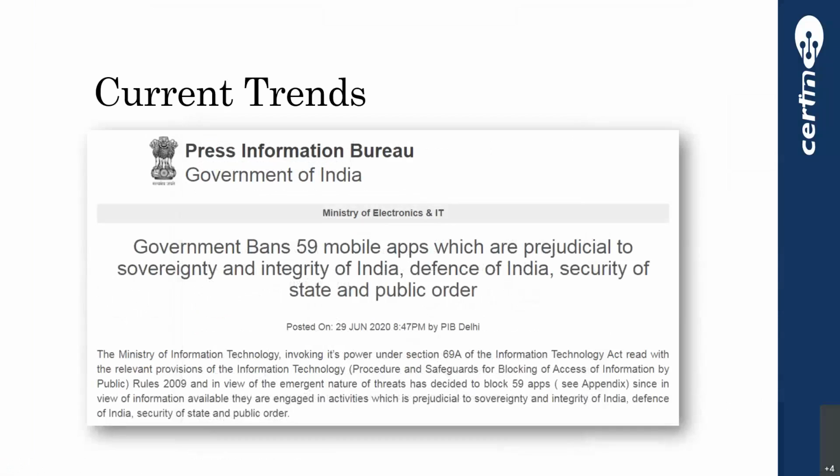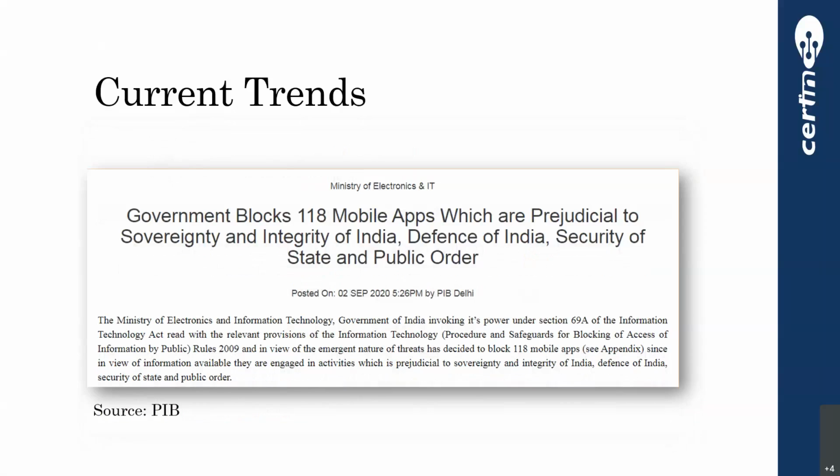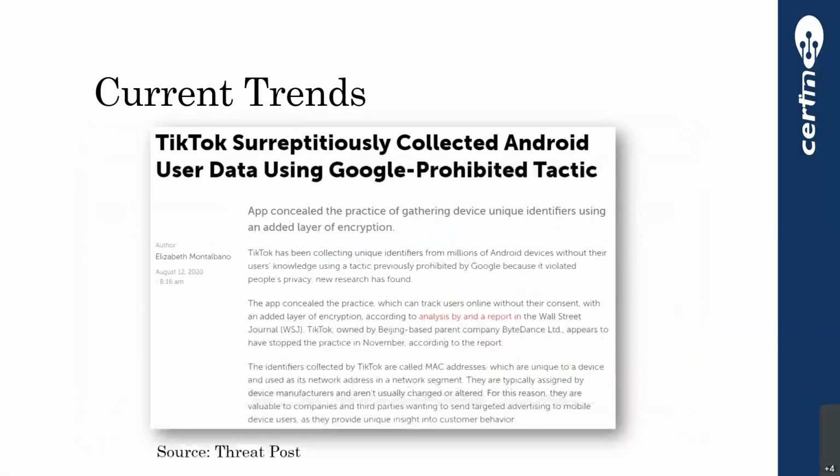The government had actually banned 59 applications which were deemed to be prejudicial to the security of the country in June. And later, we again banned 118 applications in a similar way. The main cause for this was that these applications were collecting a lot of data of Indian users, and it was being stored on servers in countries which were deemed prejudicial for our security.